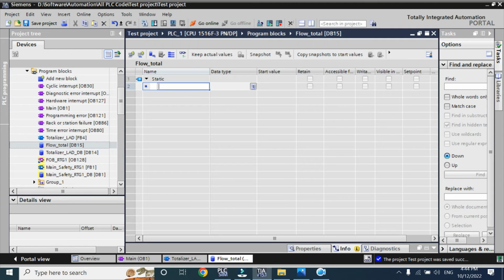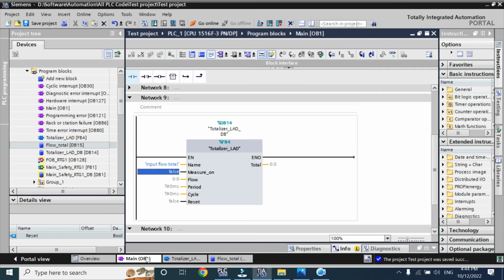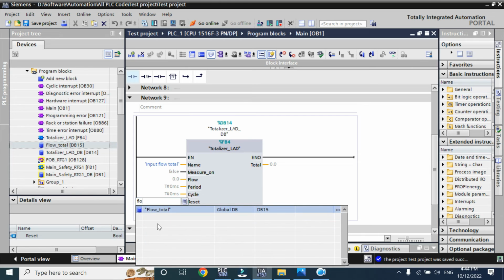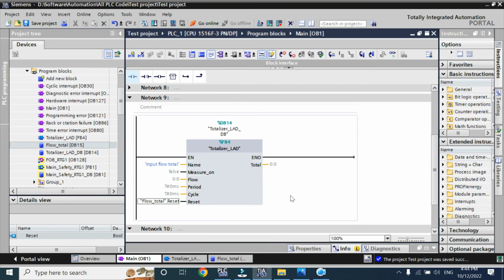Here I will give a name, that is reset, flow total, and one input is reset.